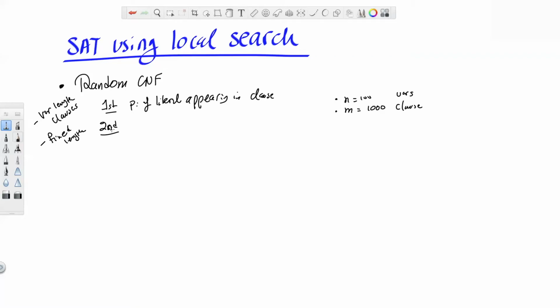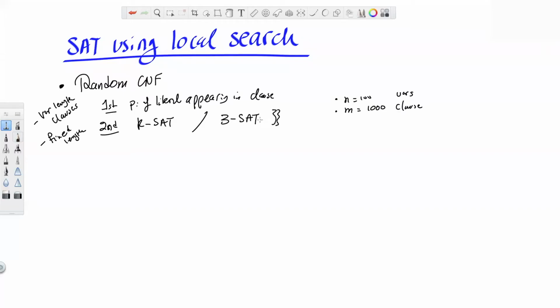Then you uniformly choose the literals that appear in it. This is known as k-SAT, and the most common is 3-SAT. So you generate clauses of length 3, with 3 literals for every clause, generated uniformly, and that became the standard.